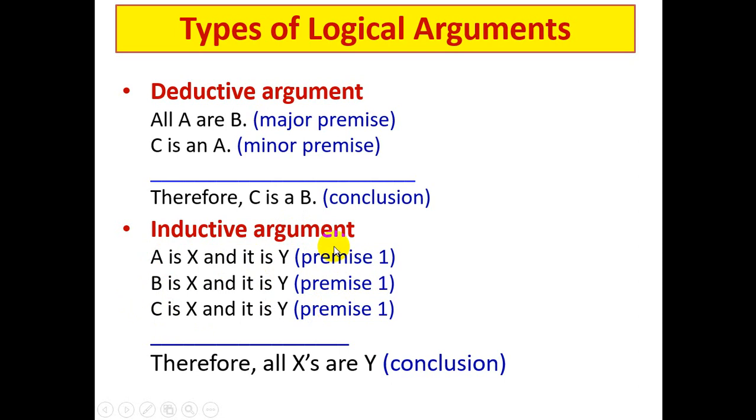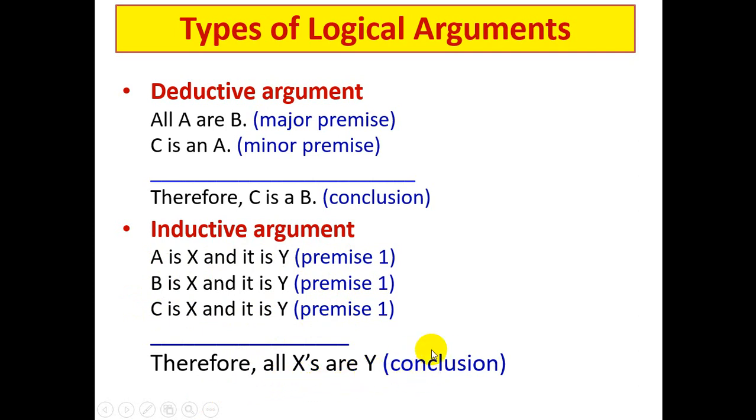So we have several premises here. These may be 3, 400, 1,000, etc. Then what is the conclusion here? As long as A is X and it is Y, B is X and it is Y, C is X and it is Y, therefore all X's are Y.